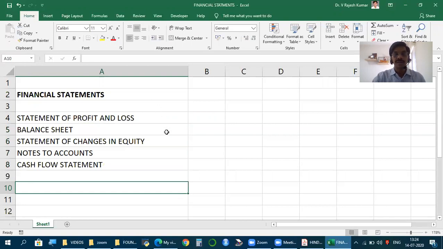This is a list of what we call as financial statements. So when somebody asks you what does financial statements include, you essentially mention all this.